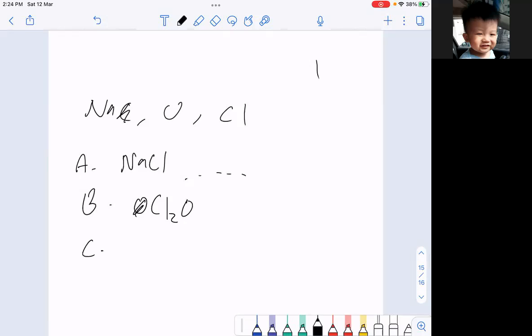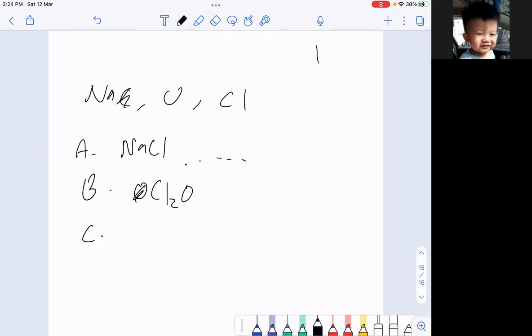C. Two elements that are gaseous. So you want them to be gaseous at room temperature. Of course, I haven't explained yet, you must go and explain. Okay, for C, two elements that are gaseous. It's a trick question. O2 and Cl2. Yeah, then you explain accordingly.